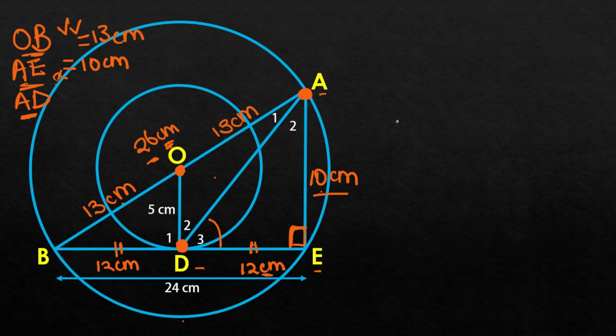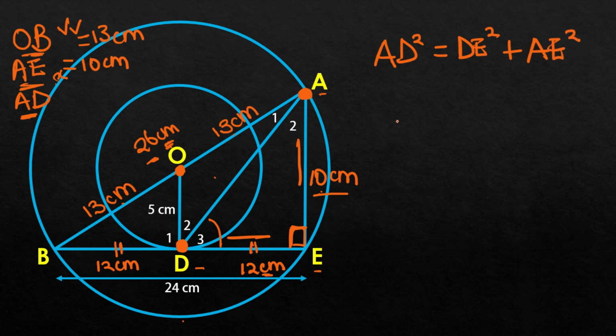So the equation to find the length of AD, which is the hypotenuse of triangle ADE, is going to be AD squared, which is the hypotenuse, the one that we're looking for, is equal to DE squared, which is this side, plus AE squared, which is this side.